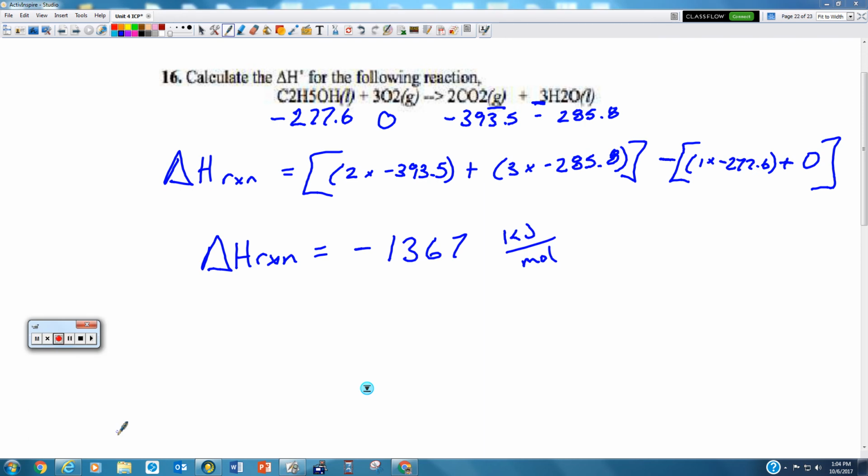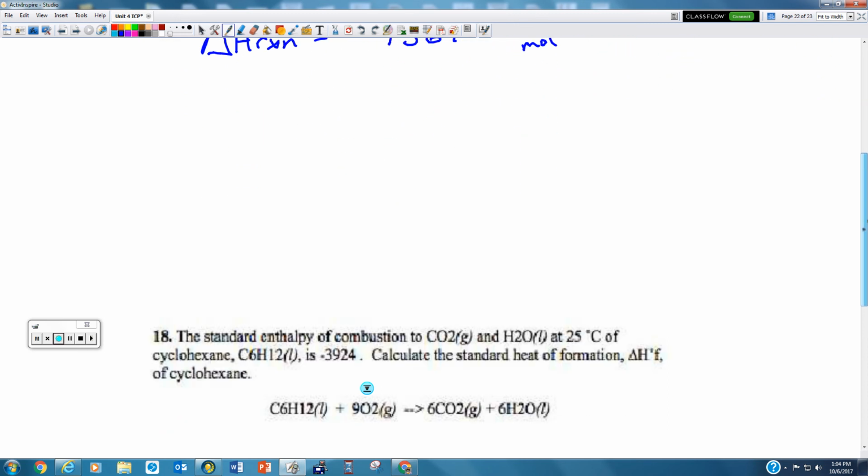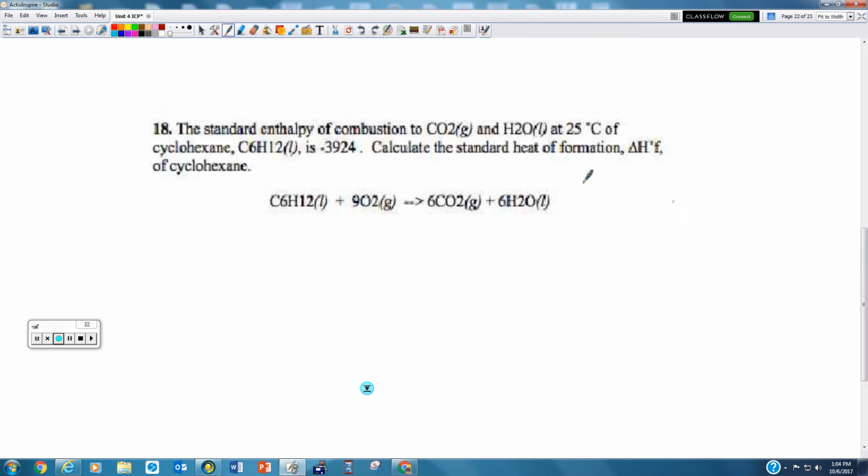And so when we look at this, in the last one that we have in our packet, we're not solving for heat of reaction this time. We're actually going to be solving for the actual heat of formation of cyclohexane.